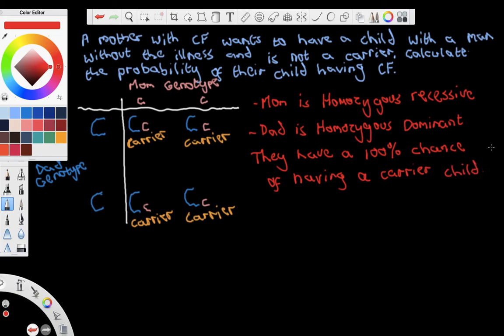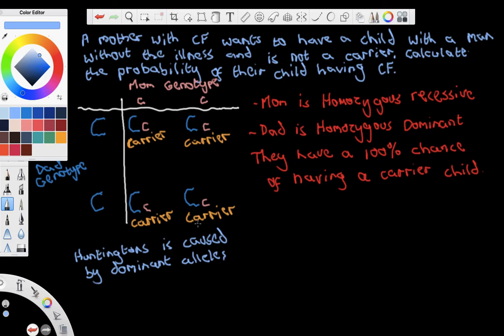Okay? Now, if we're talking about a different disease, so for example, and I'm going to have to be quick because of how long we've been going, Huntington's is caused by dominant alleles, okay?